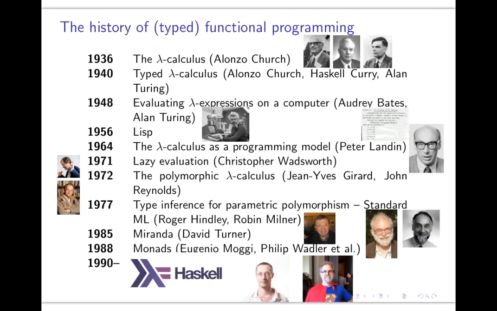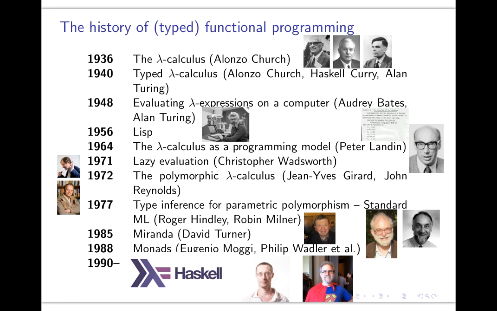So, why is typed functional programming there in the first place? Well, the subject has a history that goes back to 1936, when Alonzo Church, the American logician and philosopher, developed the lambda calculus as a fundamental model of computation. Around the same time, Alan Turing developed the Turing machine, which is of course a very different model of computation.